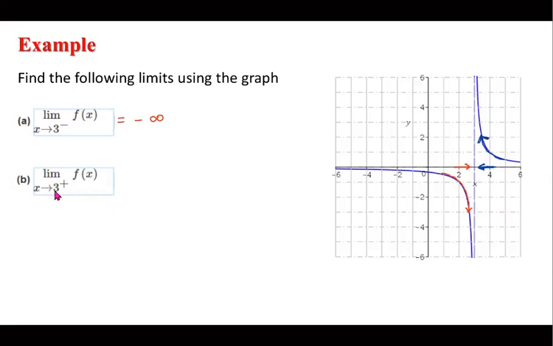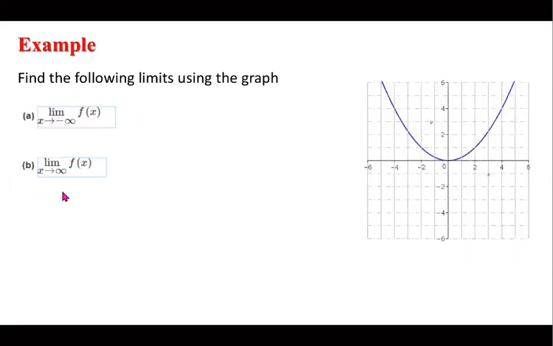So the limit as x approaches 3 from the right of that function is positive infinity. So that's how we can find the one-sided limits, as x approaches 3 from the left and from the right in this case.